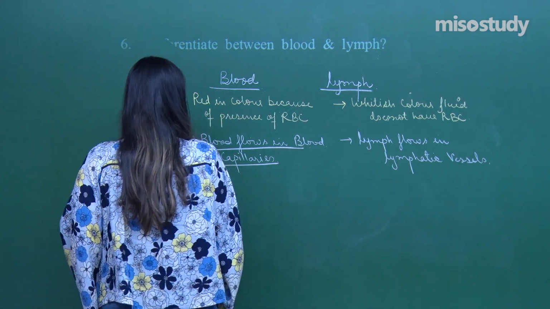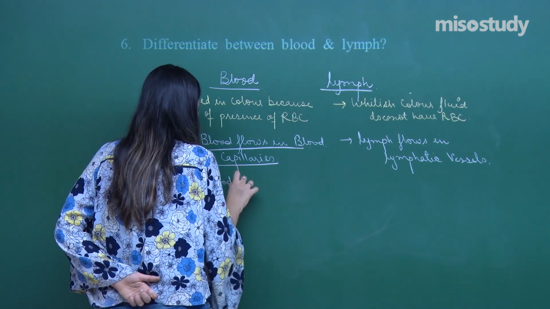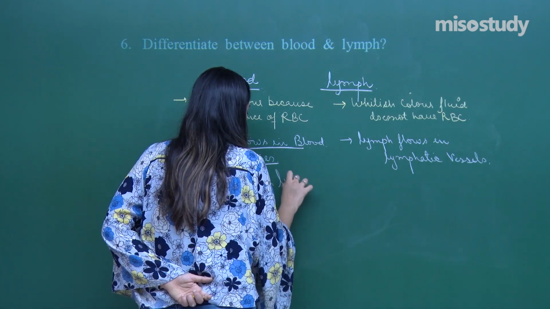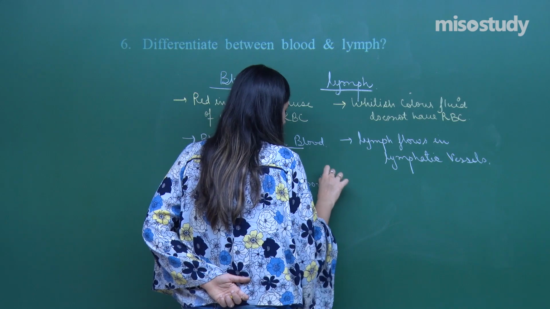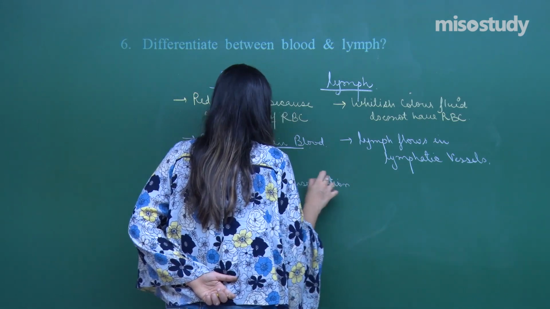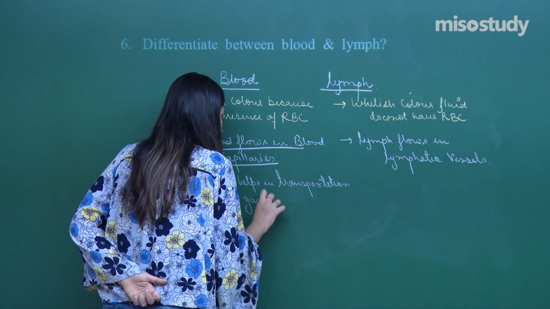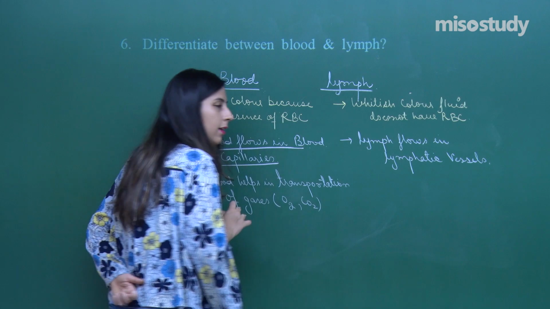So, let's talk about blood. Blood helps in transportation of gases. And which gases? That is oxygen and carbon dioxide, right?